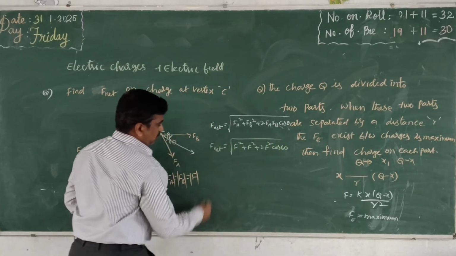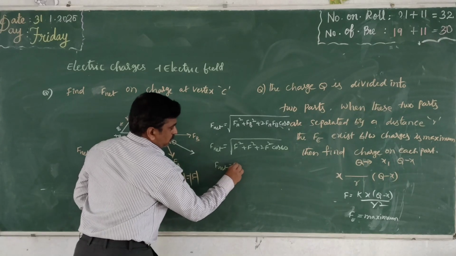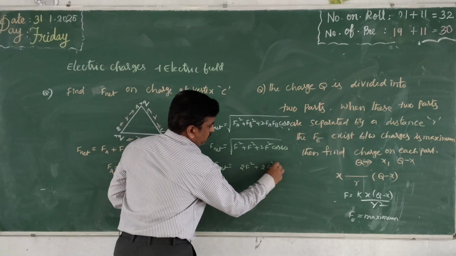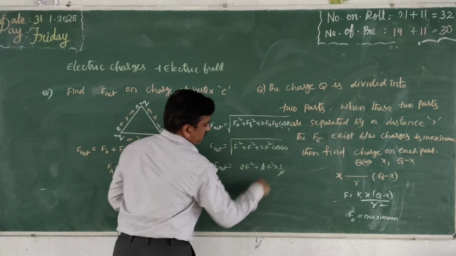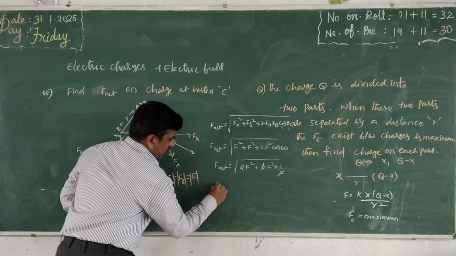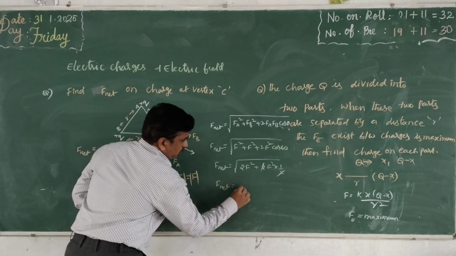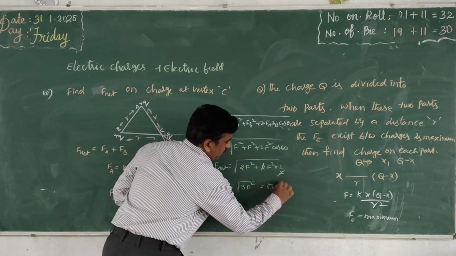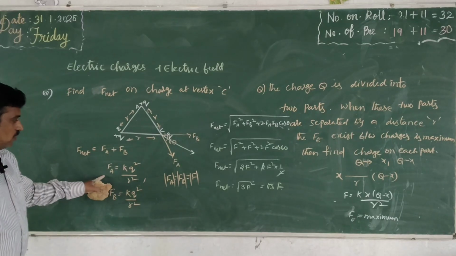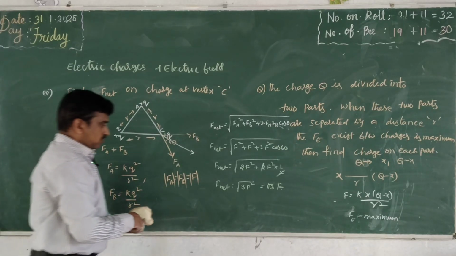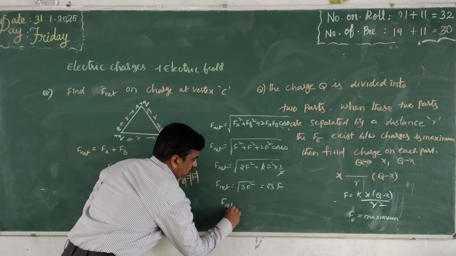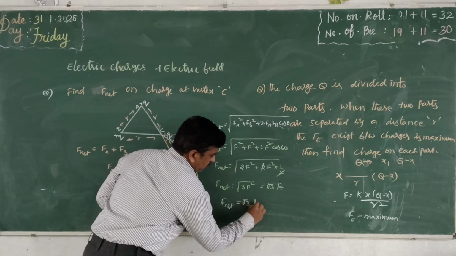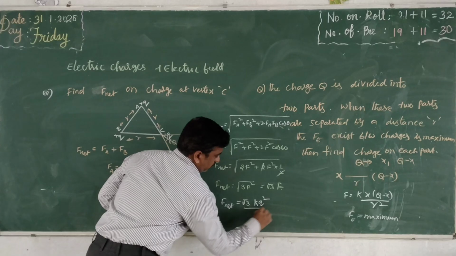Cos 60 is 1 by 2, so the 2 cancels, and F net equals root of 3F square, which is root 3 F. F is K Q square by R square, so the net force on the charge at vertex C is root 3 K Q square by R square.